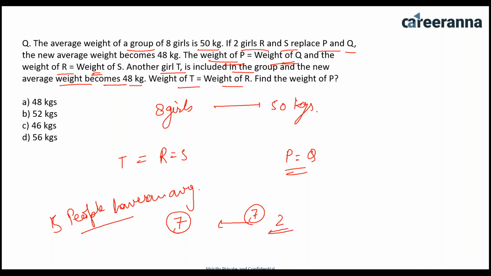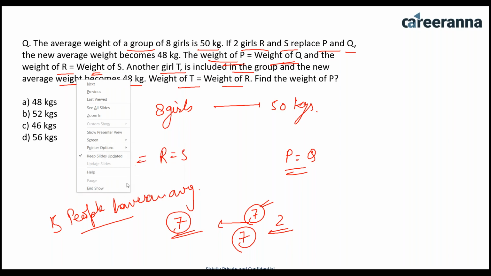If 5 people have an average of 7, 2 people who are joining them also have an average of 7, what will be the new average? 7, right? Is it clear to everyone? Yes, I think it is clear to everyone.